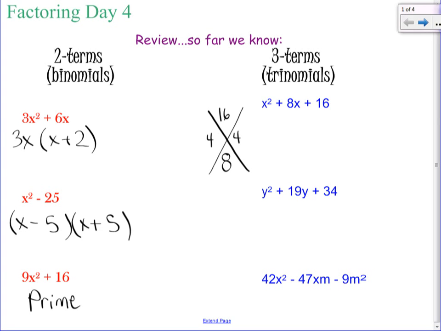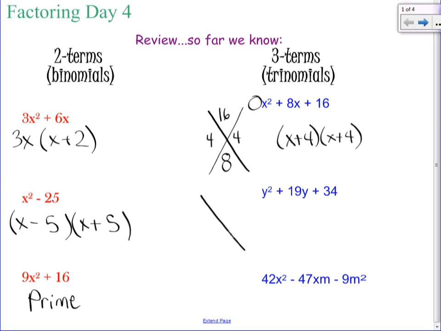Do we have to do the window step on this one? No. How come? What determines whether you do or not? The number before it. There's no number here, so we don't have to do the window step. So we can just write x plus 4, x plus 4.